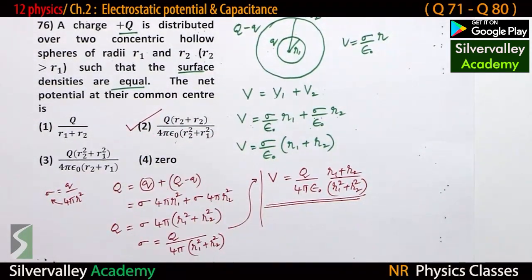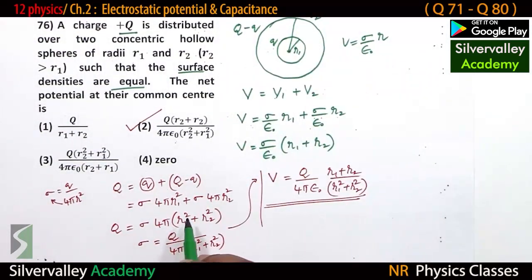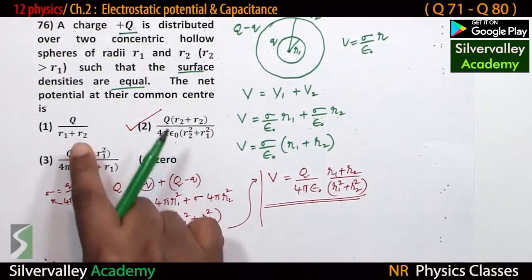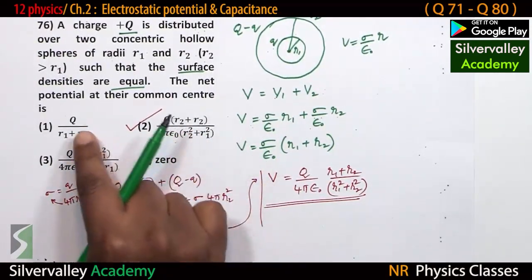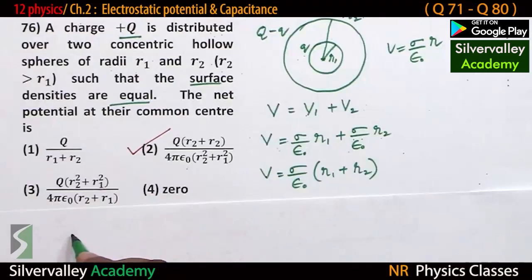Now observe. Suppose you don't know the method, and you observe these four options, they are quite different. When they are different, you can use the dimensional method. Net potential is 1 by 4 pi epsilon naught times charge by some distance. So constant times charge by distance.